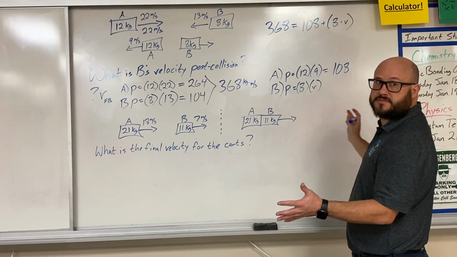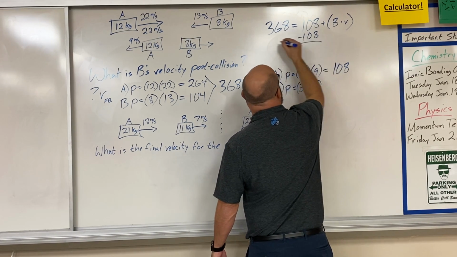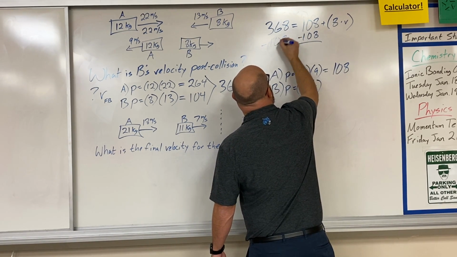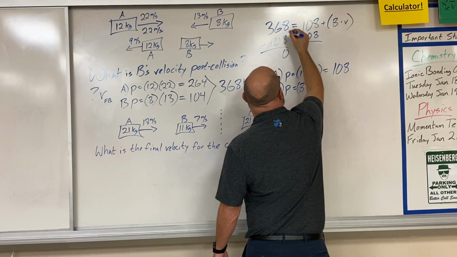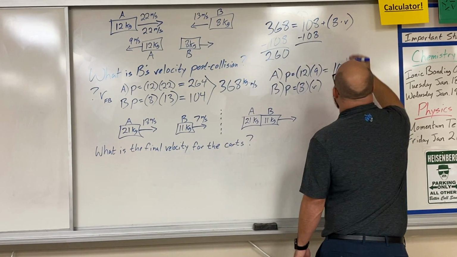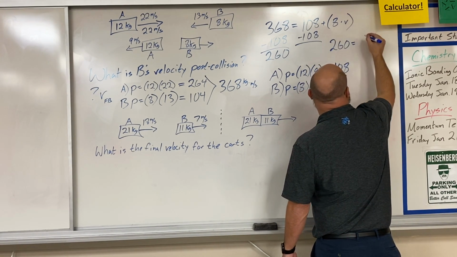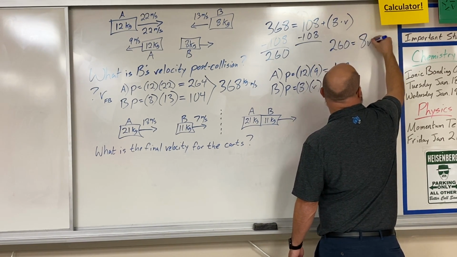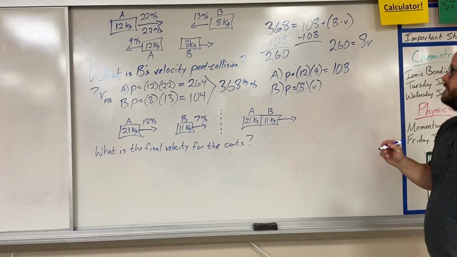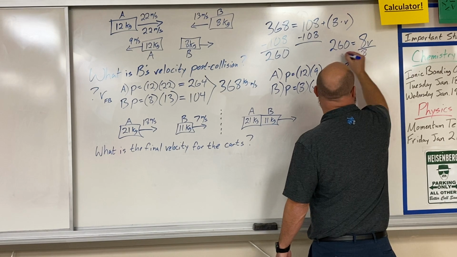Okay, so now we got to do some simplifying. Subtract 108 from both sides. That gives us what? 260. So 260 equals 8 times V, which is simply 8V. And then we're going to divide both sides by 8.